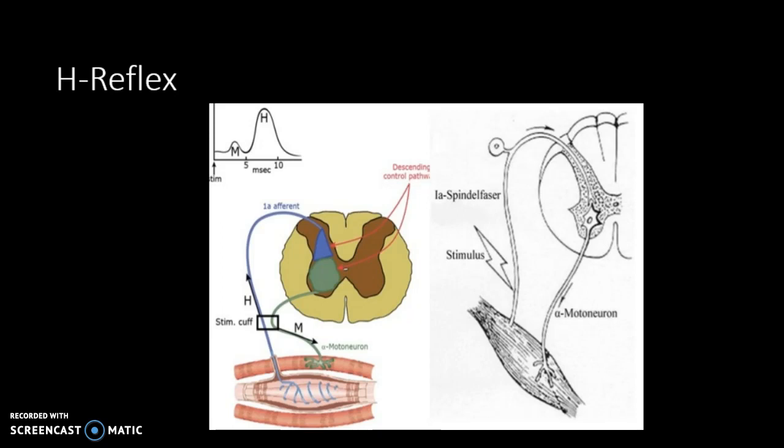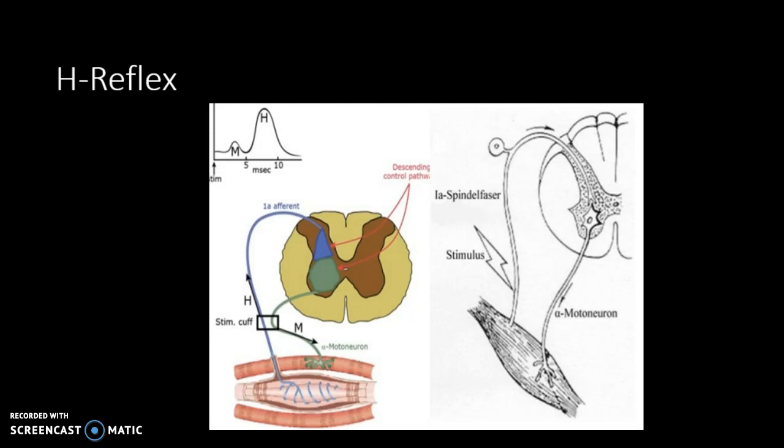The reason we see that little M and then an H wave in the graph in the upper left is that if the electrical stimulation is high, it automatically causes the muscle to contract. And then later, there will be a sensory signal that finally communicates with the motor neuron, and another small contraction occurs. Again, this reflex depends a lot on placement and stimulation of the electrodes. It's just showing us another way that these intrafusal fibers sense a stimulus and cause a contraction.